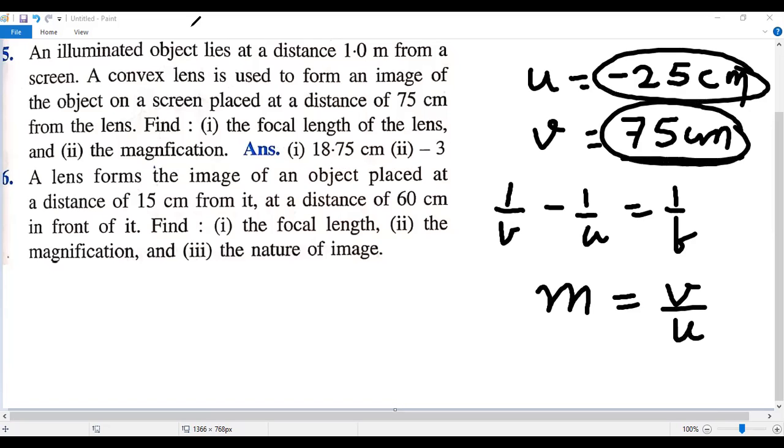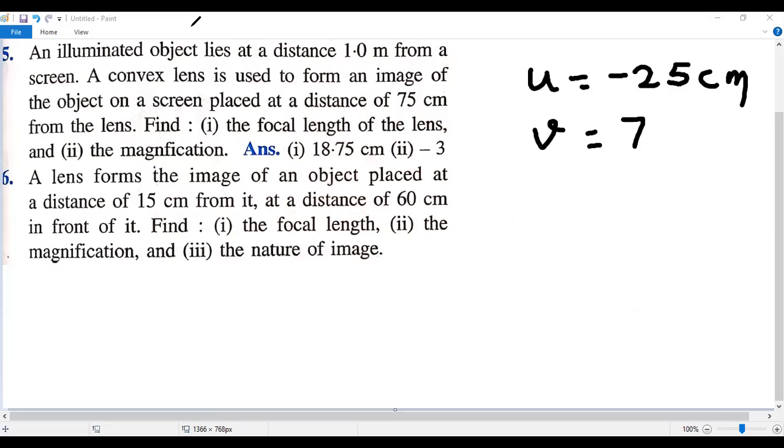Similarly, now coming to question number 6. A lens forms the image of an object placed at a distance of 15 centimeter from it at a distance of 60 centimeter in front of it. See, there is a lens. We don't know the name of the lens according to the question, but they are saying it forms the image of an object which is placed at a distance of 15 centimeter.